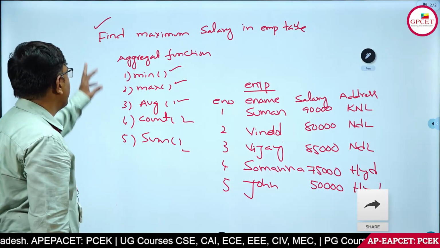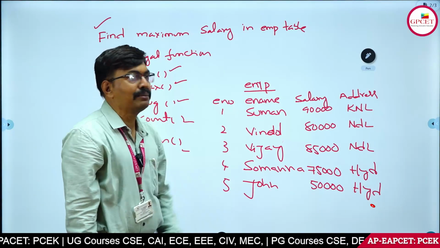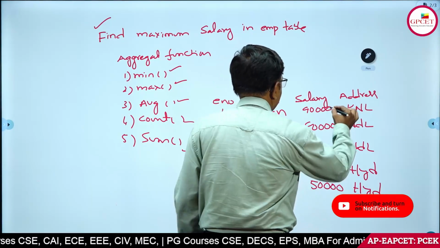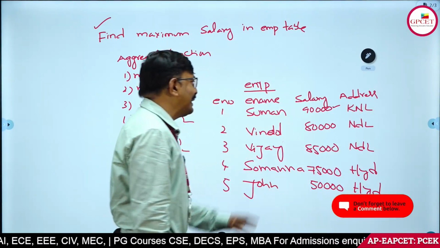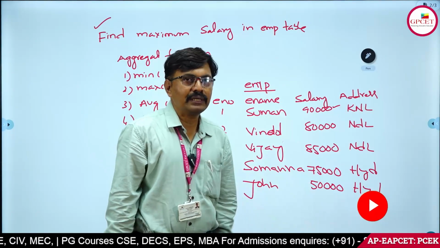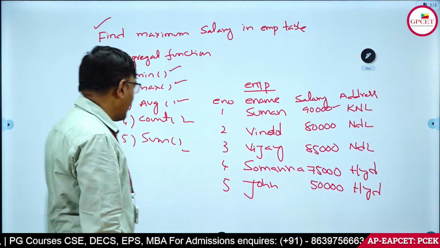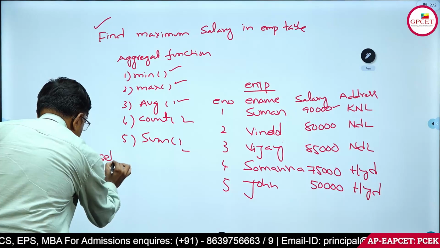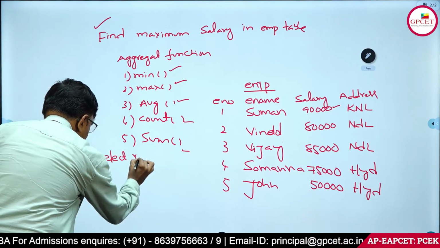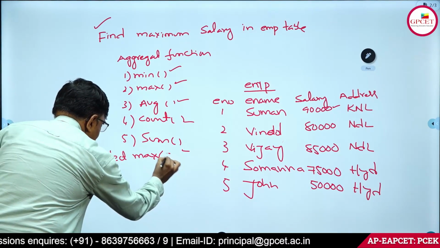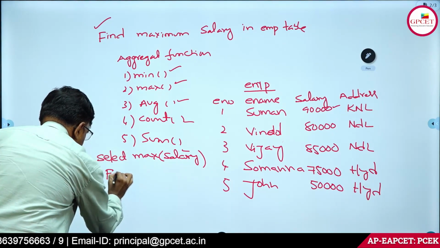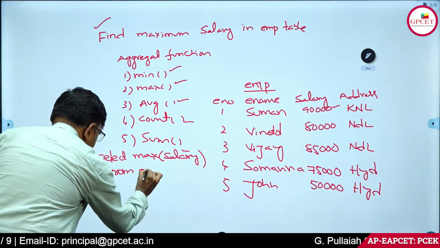What is the actual question? Find the maximum salary in the employee table. Observe the table. You can easily identify that 90,000 is the maximum salary. But what is the SQL query? Select max salary from employee.